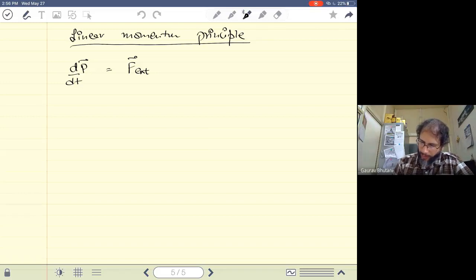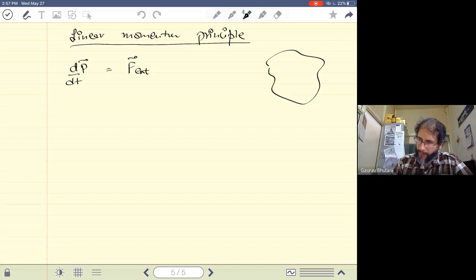So let's draw our body on the right hand side. You have different forces acting on the body. As we had done earlier, we write the external force as a sum of two different categories of forces. One is called the body force, which acts on volume.